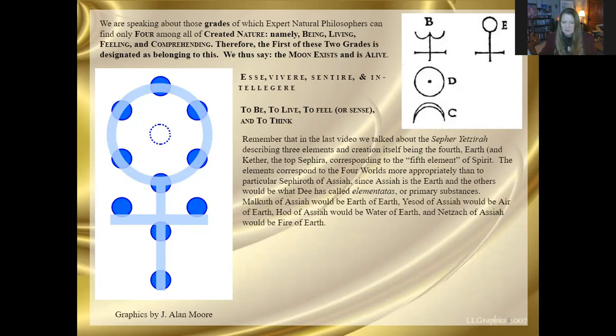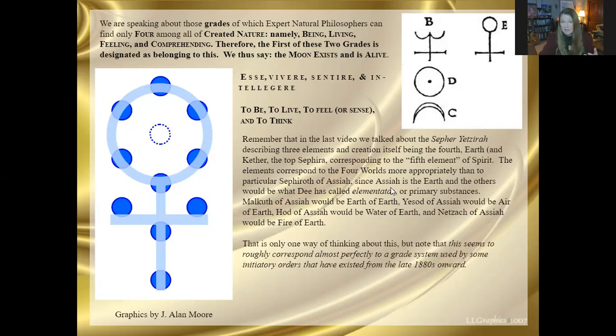It's going to fit perfectly. So Malkuth of Asiah is going to be like earth of earth. Yesod of Asiah is air of earth. Hod of Asiah is water of earth. Netzach of Asiah would be fire of earth. In fact, it works rather perfectly, and it works actually in the order of those mother letters, which is even, I don't know, I think it's fascinating.